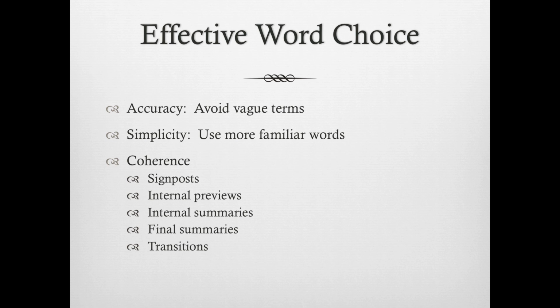Final summaries would be what you'd have in the conclusion of the speech, in which you summarize all of your main points. The transitions are sentences you have between points that signal movement from one point to another, something like, so now that I've talked about the supplies and ingredients you need, next we'll talk about how to properly mix these ingredients.